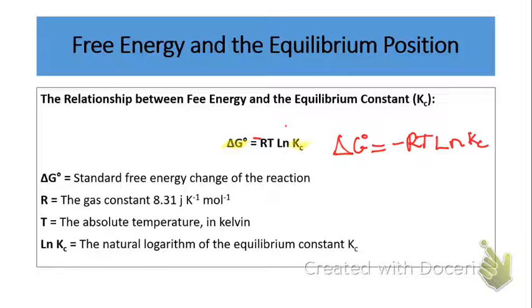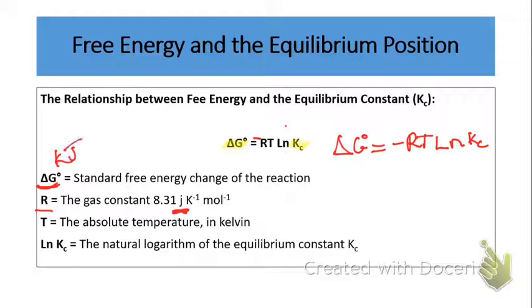All right, so we already know what delta G is. That's the standard free energy change of the reaction. R is the familiar gas law constant of 8.31 joules per Kelvin per mole. Now I want to make note that the units of R are in joules, where usually the units of delta G are in kilojoules.